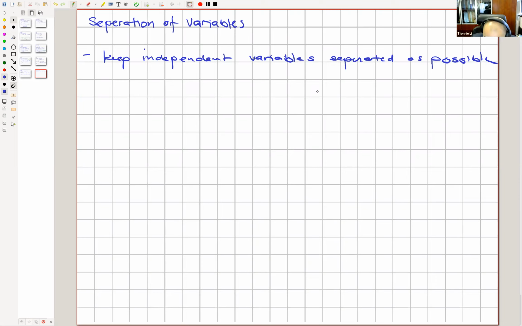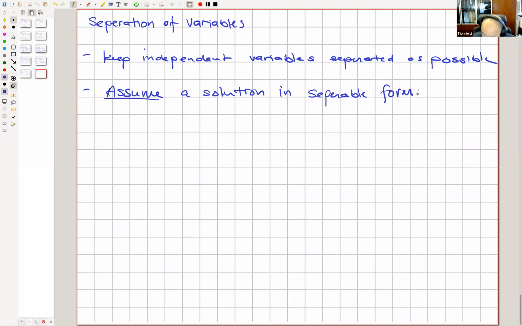Well, the assumption that we're going to make, and I can't stress this enough, is that we're going to assume a solution of separable form. So what does that mean? Imagine I've got some phi, which is a function of x, y, and z.